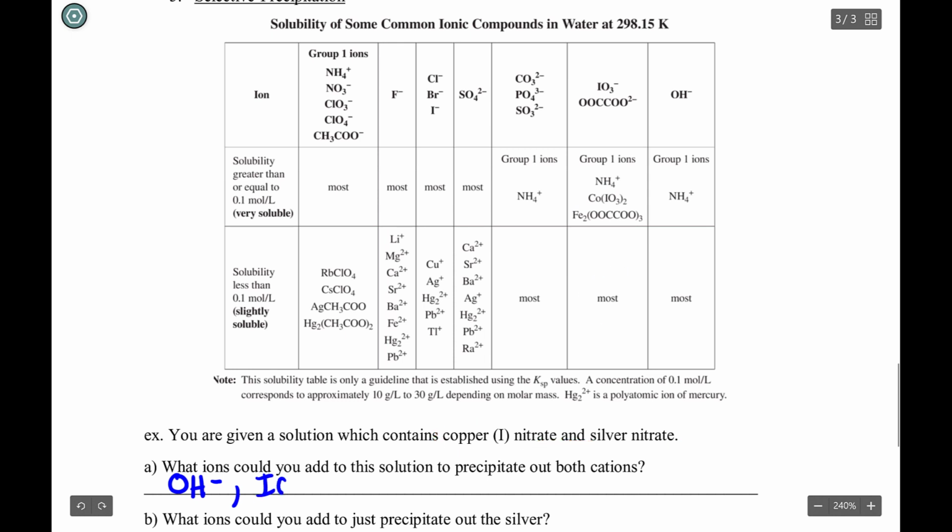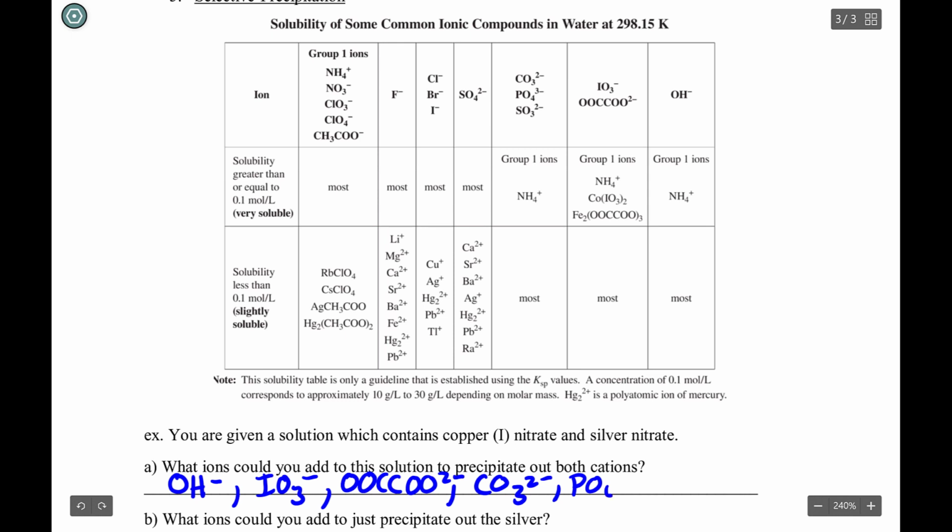So iodate could be used, and so could oxalate. And the same thing is true over here. Silver and copper 1 are not here. They would fall under most. So there are lots and lots of ions which would precipitate both of these things at once.